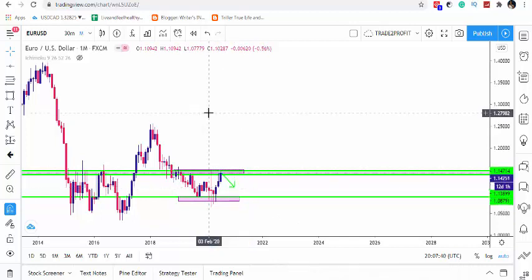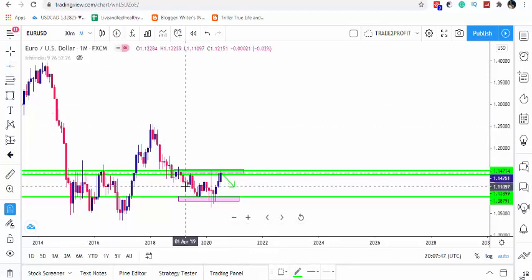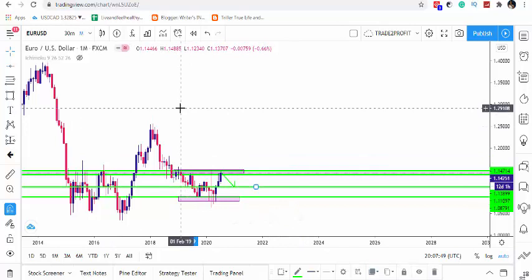All right, so what are the levels that you begin to watch? What are the areas where Euro USD will likely fall to? One of the tools that you can use to mark out these zones or levels is the Fibonacci retracement.